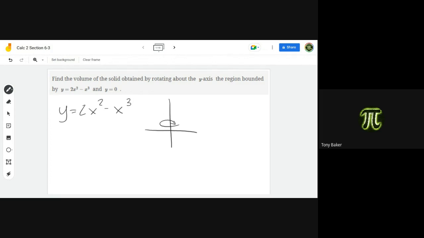Yes, but it's being bound by that. It's not rotating around that. Because this equation, if you look at it quickly, it ends up doing something like that, and it will go down below it. So you're bounding it there.